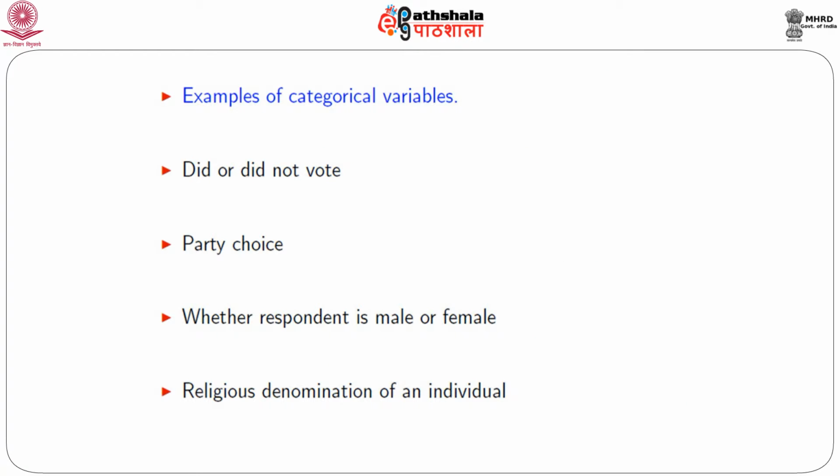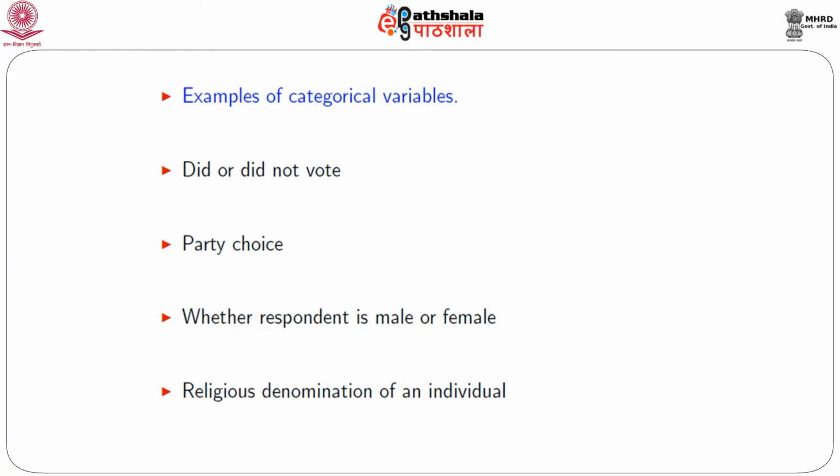So, what could be the examples of categorical variables? Whether a person voted or did not vote, or the party choice of an individual, or whether the respondent to a questionnaire is male or female, or the religious denomination of an individual.